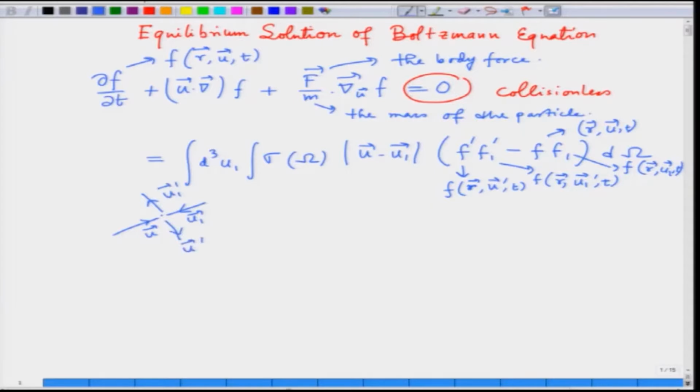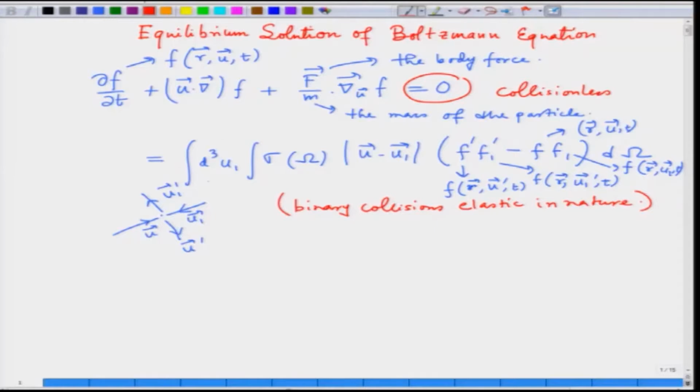So, this was only a model for binary elastic collisions in nature. Binary elastic collisions should be there, and only then can we model the effect of the collision.